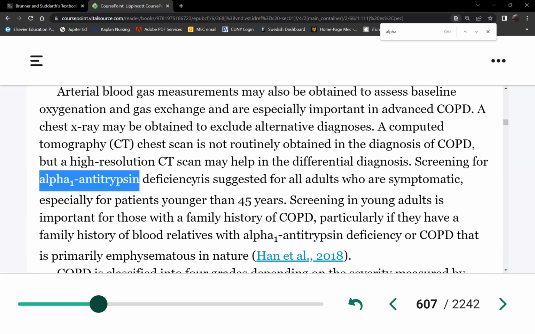So if we have protease, we should have something that will inhibit or destroy protease, right? Because otherwise protease will keep destroying our lung tissue. So with an equal amount of protease, there should be an equal amount of alpha-1 antitrypsin. If the balance is good, then there will be no lung tissue destruction. Everything will balance out.